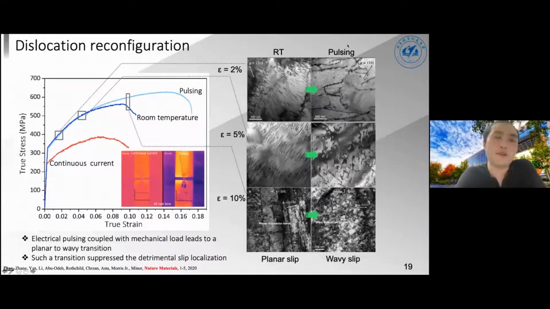And we observe a sharp transition from the reference state, where we observe this really regular 2-dimensional planar dislocation slip, to a 3-dimensional wavy dislocation slip if you apply electrical pulse. So then we conclude that the electroplasticity should in principle originate from defect-level reconfiguration in this particular material.